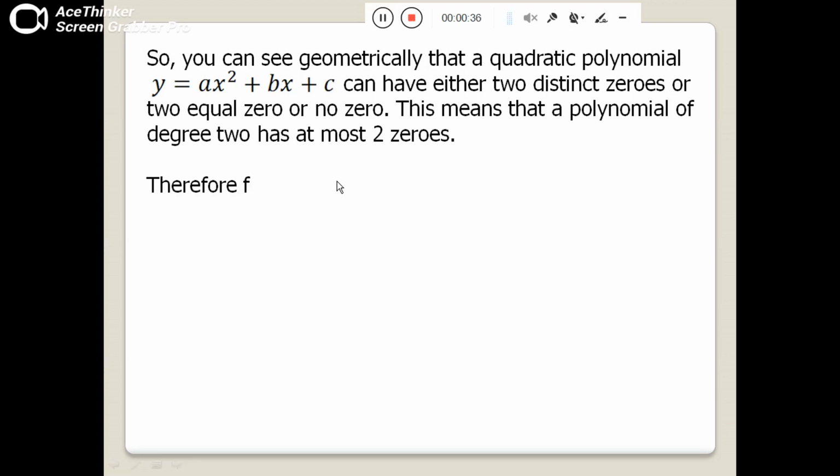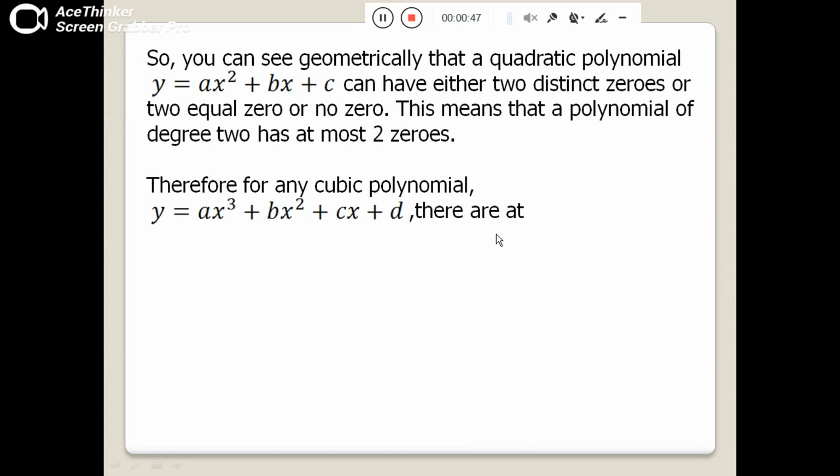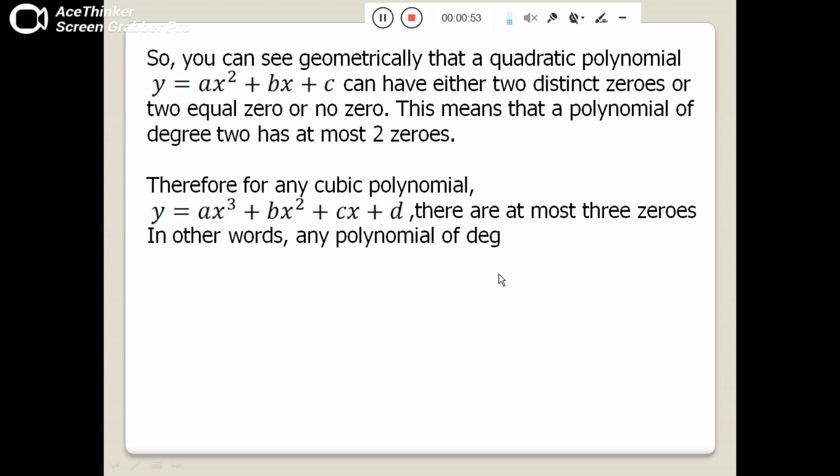Okay. Therefore, for a cubic polynomial, y is equal to ax cube plus bx square plus cx plus d, there are at most 3 zeros, or in other words, any polynomial of degree 3 can have at most 3 zeros.